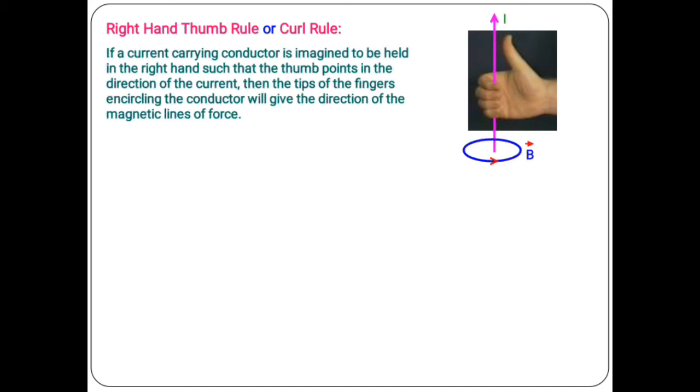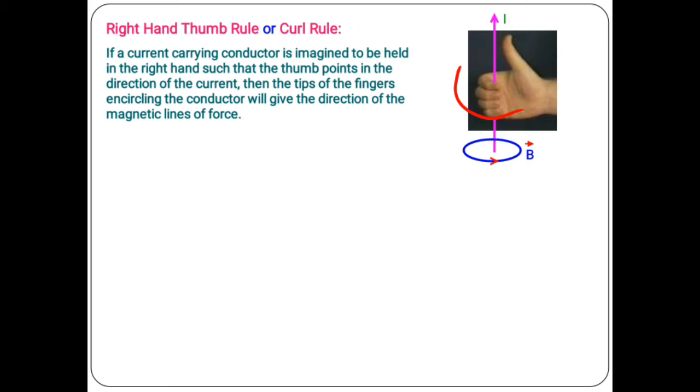The statement is: if a current carrying conductor is imagined to be held in the right hand such that the thumb points in the direction of current, the current passing through the conductor in this direction, so the thumb shows its direction, then the fingers encircling the conductor give the direction of the magnetic lines of force. This is called the right hand thumb rule.